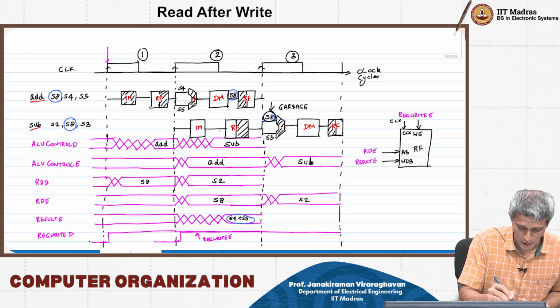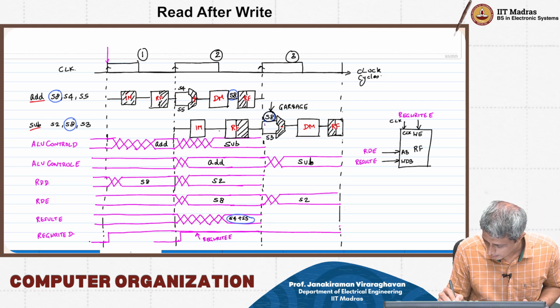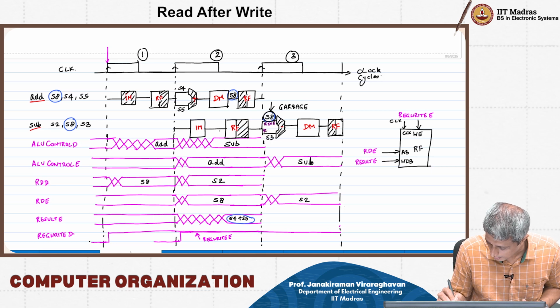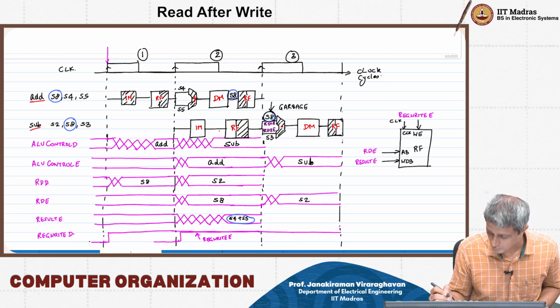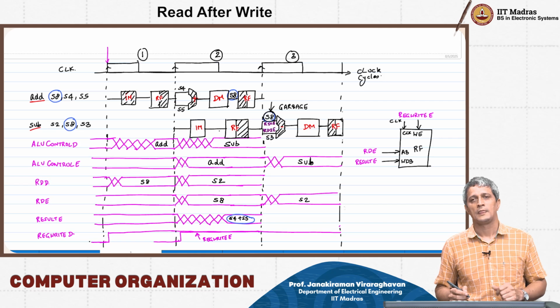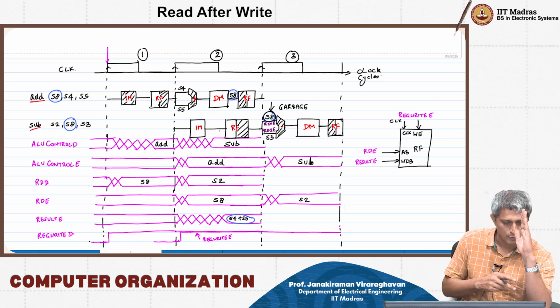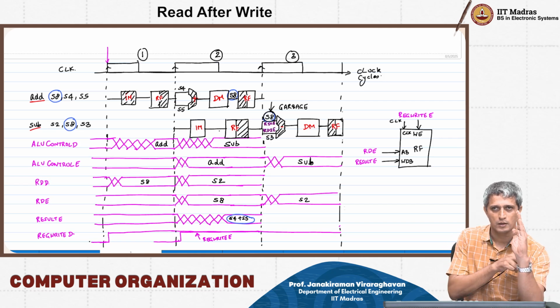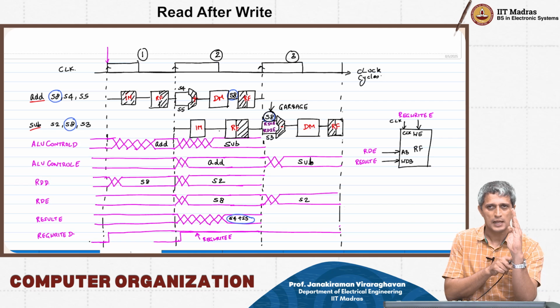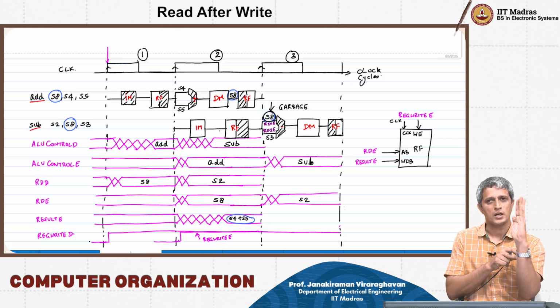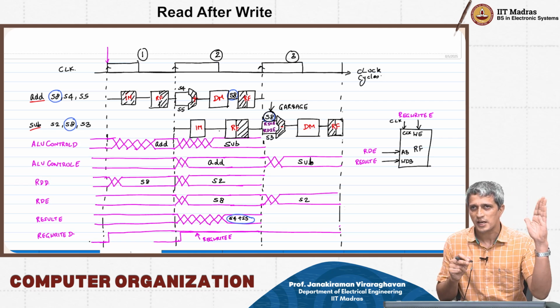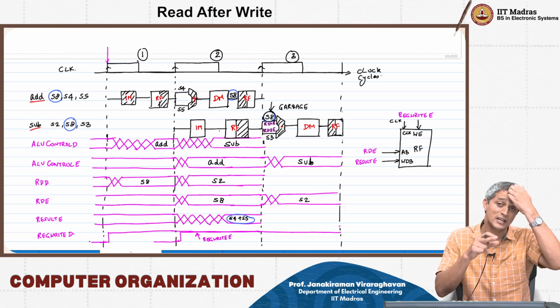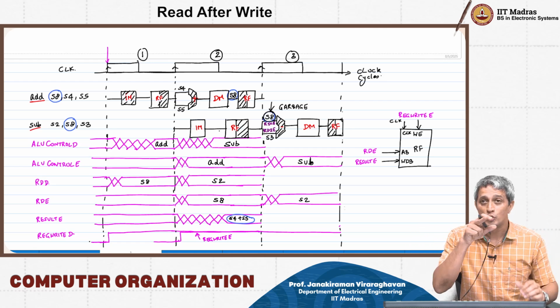These signals are basically RD1E and RD2E to the ALU, and they are getting sampled by the flip-flop just before it at the clock edge. So whatever was in register S8, it will just get read out through this.